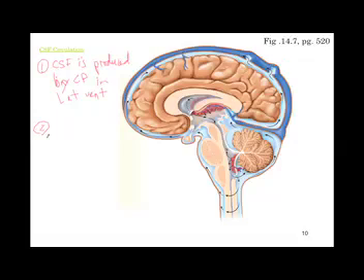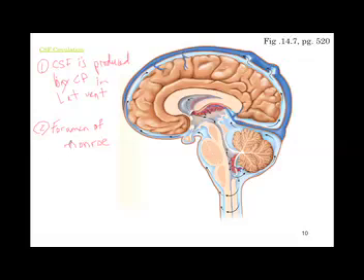Now that cerebrospinal fluid leaves the lateral ventricles via an opening called the foramen of Monroe. In the book they call it interventricular foramina.